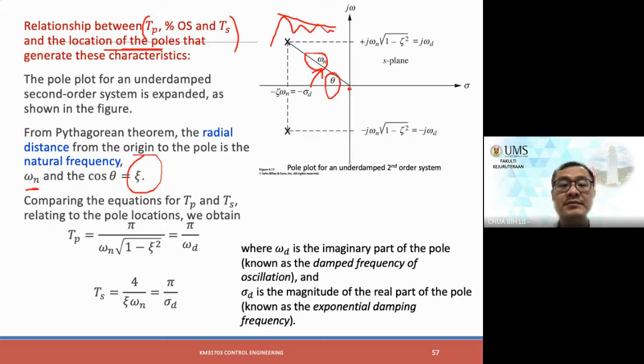Sometimes it is much easier to plot and just get these two values. Or sometimes if you derive it, there is a chance that it would be easier to get the damping ratio and natural frequency instead of plotting the poles, right? Sometimes. So normally the graphical approach would be the easier one.